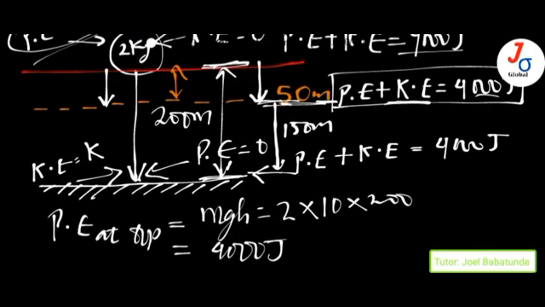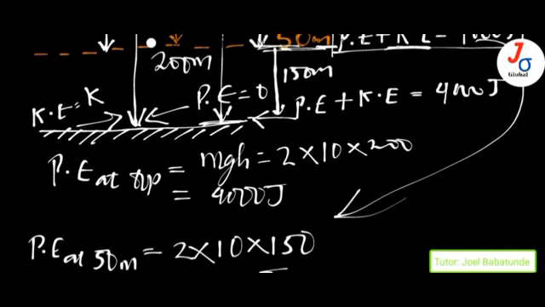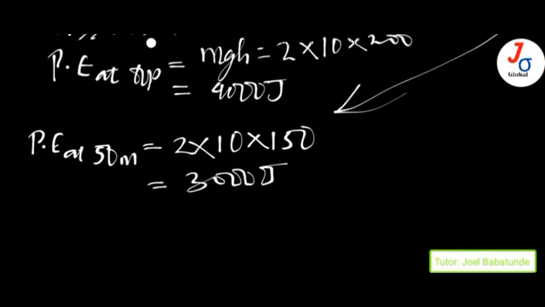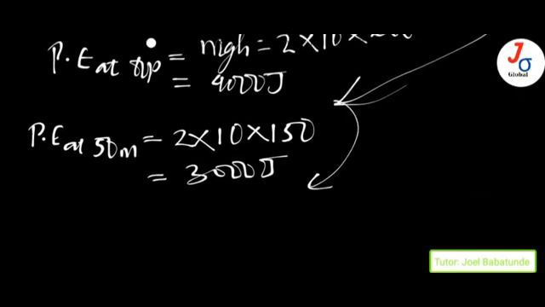So the potential energy at that point plus the kinetic energy at that point is equal to a constant, which is 4000 joules.